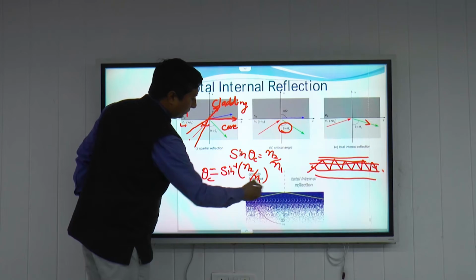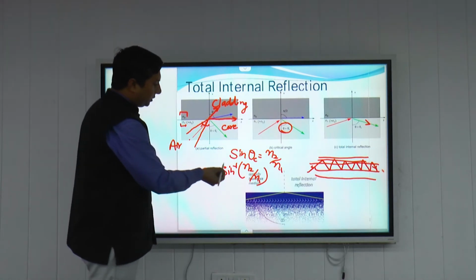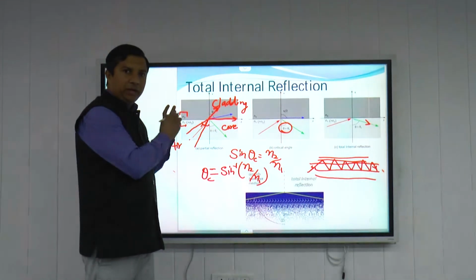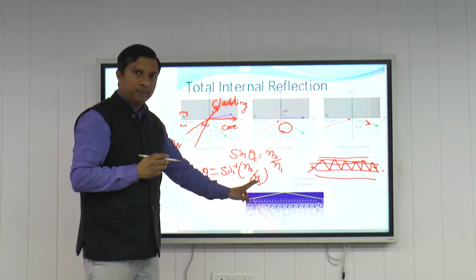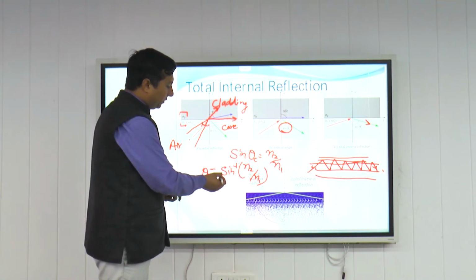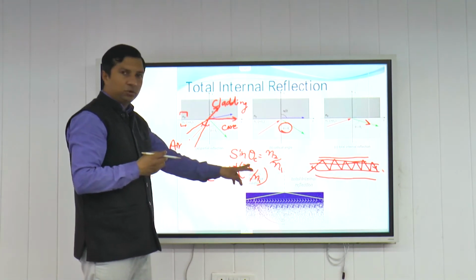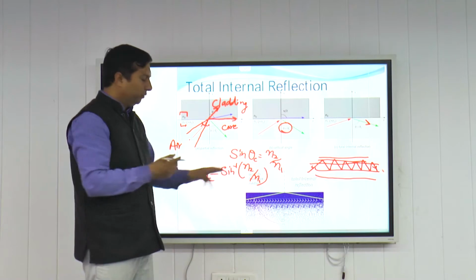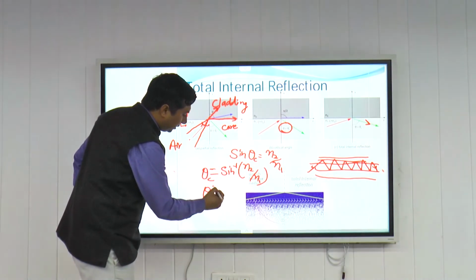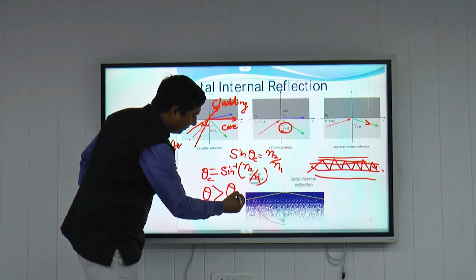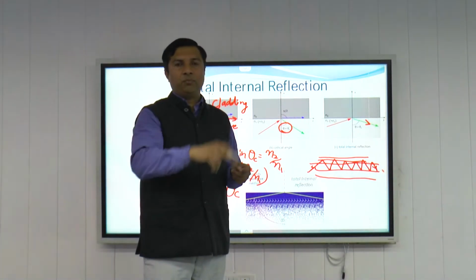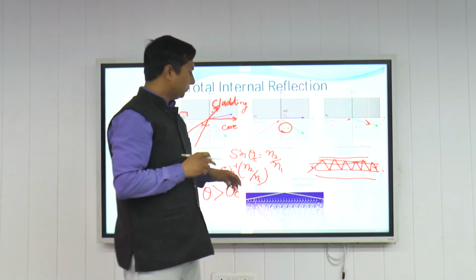Okay, this means you take the refractive index of cladding, you take the refractive index of core, you divide it and take the sine inverse of that value, and you will find the critical angle. So if your theta is greater than that theta c, then your wave of light will reflect back in the same way.